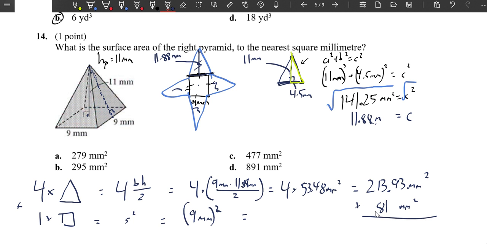And if I add up the areas from the triangles and the area from the square, I should get the total surface area, which is 294.93 square millimeters. And that is the closest to the nearest square millimeter. If I round it, it's going to be B, 295.